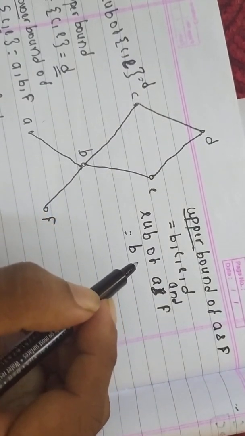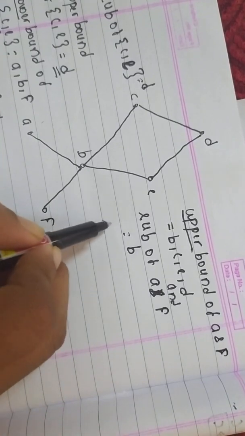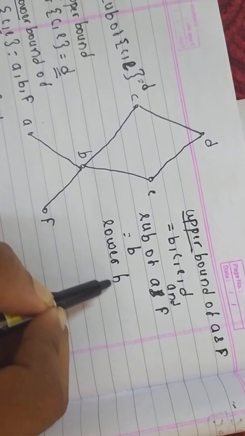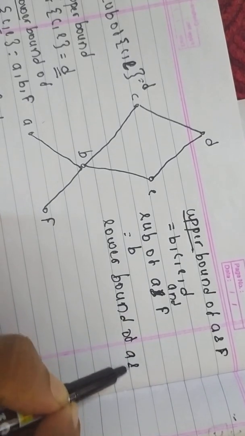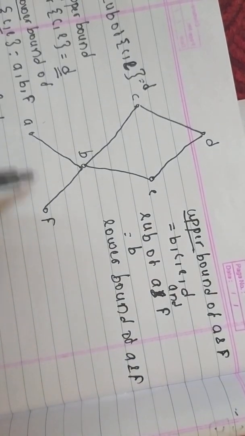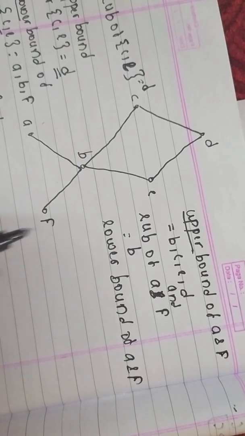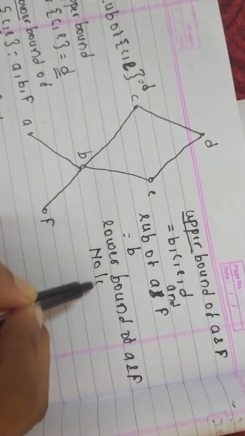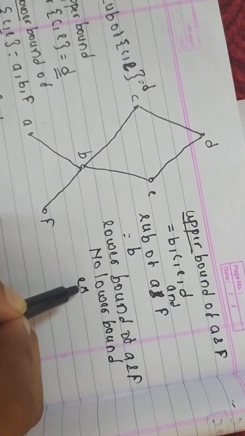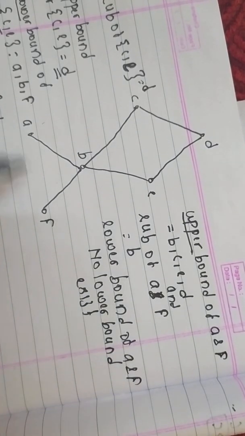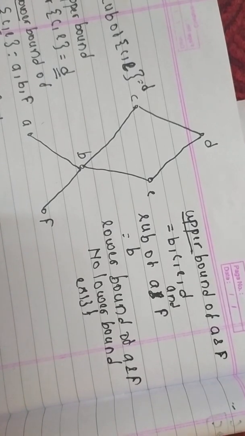And if you want to find the lower bound of A and F, where are A and F? A and F are at the bottom. So no lower bound exists for A and F, because A and F are already at the bottom.